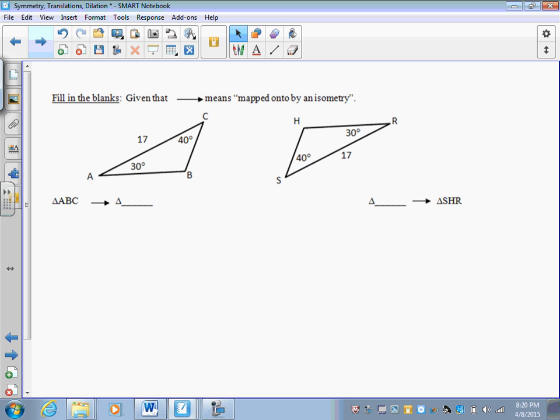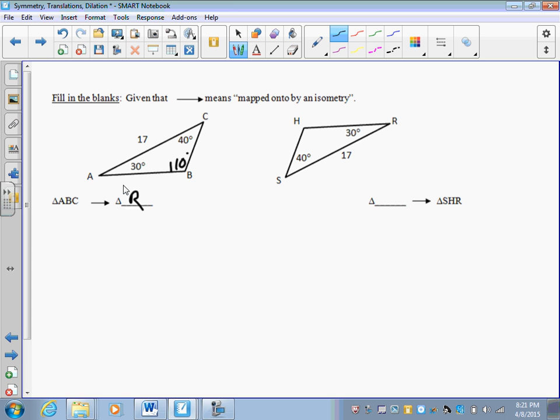Now for this example, we want to know, what does triangle ABC map onto? Well, if you compare triangle ABC to triangle HSR, we want to make sure the angles are corresponding as well as the sides. Angle A is 30, so A corresponds to R. And B, we didn't find B, but if we do 30 plus 40 and subtract from 180, we know that angle B is 110.